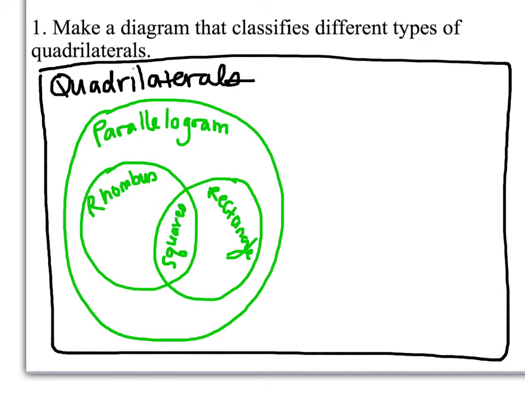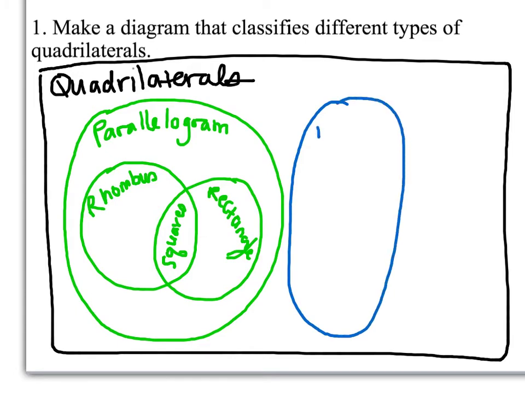Okay, then we talked about, I'll use blue, then we talked about trapezoids. And the only kind of subset we had here was a special type of trapezoid, the isosceles trapezoid.